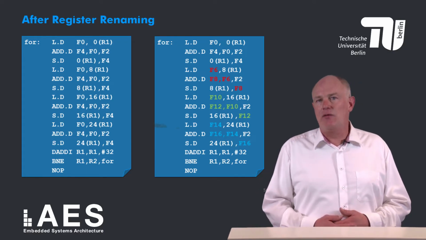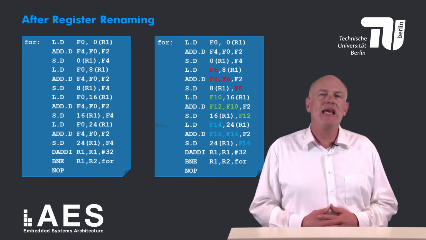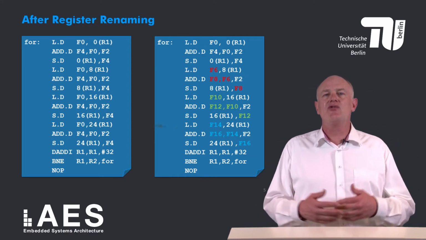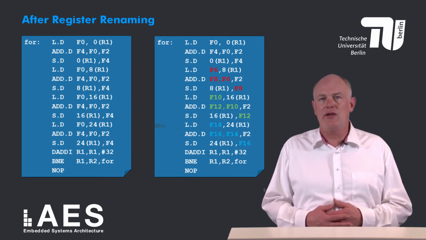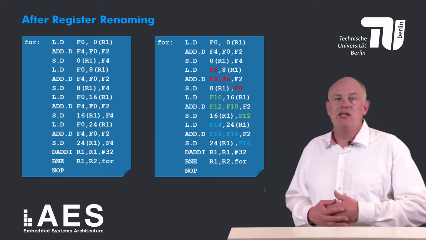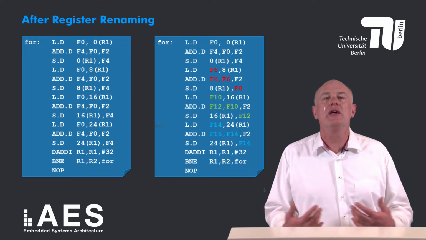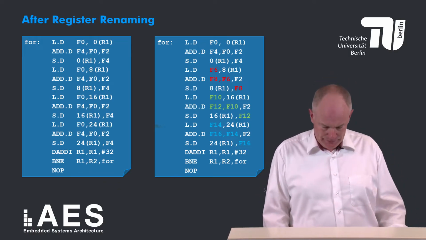Similarly, the computation of x[i+2] now uses the registers F10 and F12 as indicated by the green color, and the instructions that calculate x[i+3] also use different registers as indicated by the blue color. After renaming the registers, we are able to reorder, to schedule, the instructions to improve the instruction schedule.